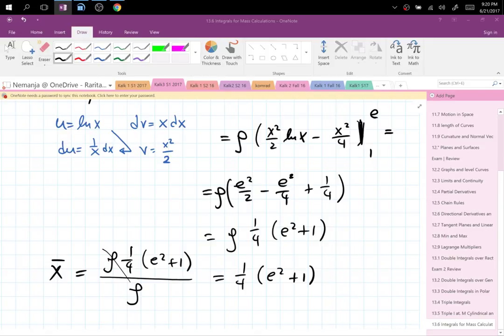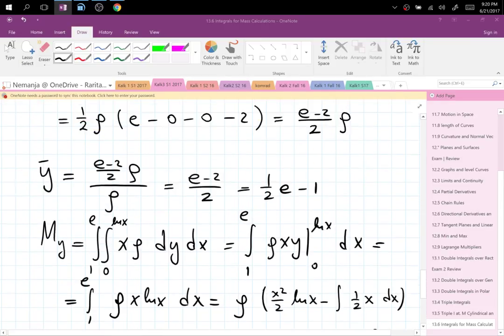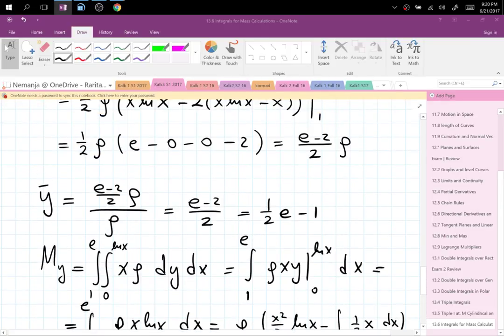We get about 2.1. And this one over here was about 0.4. E divided by 2 minus 1, it's 0.36, so about 0.4.